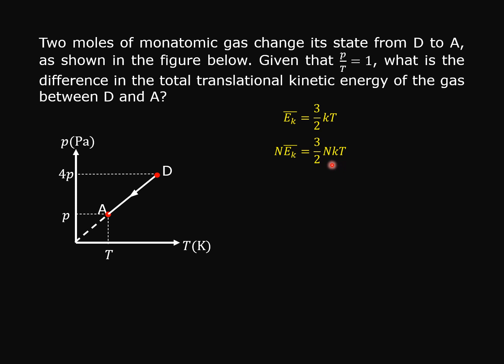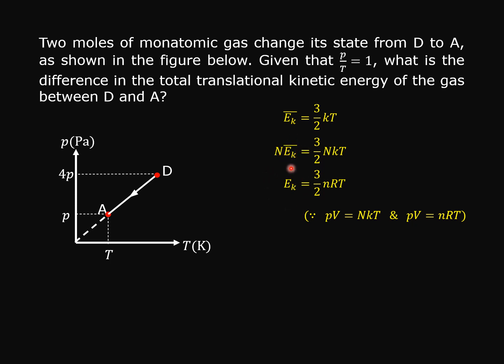Capital N is the total number of molecules. Now we change the symbol at the left of the equality sign to EK without the bar. This indicates the total translational kinetic energy, while E with the bar on top refers to the average translational kinetic energy per molecule.